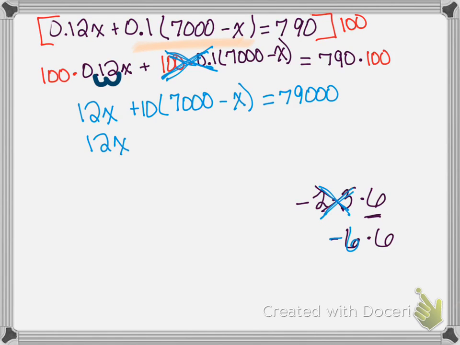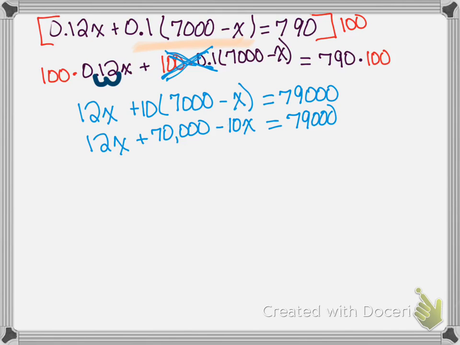So I end up with 12x plus 70,000 minus 10x equals 79,000. Okay, now I subtract 70,000 from both sides.